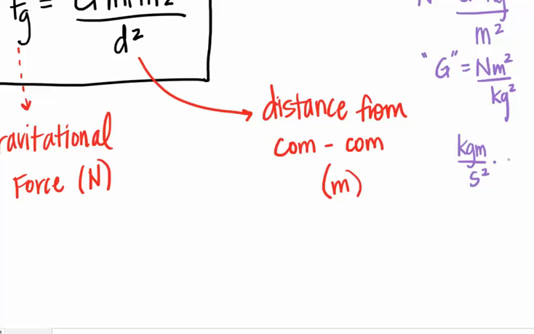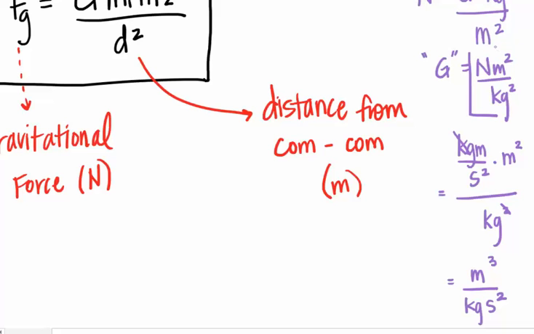Then times meters squared and then divided by kilograms squared. And a kilogram will cancel, and then you'd have meters cubed per kilogram second squared. Either's fine. You may see it this way. This is what I usually write because it's easier for me to remember. And that's also correct.